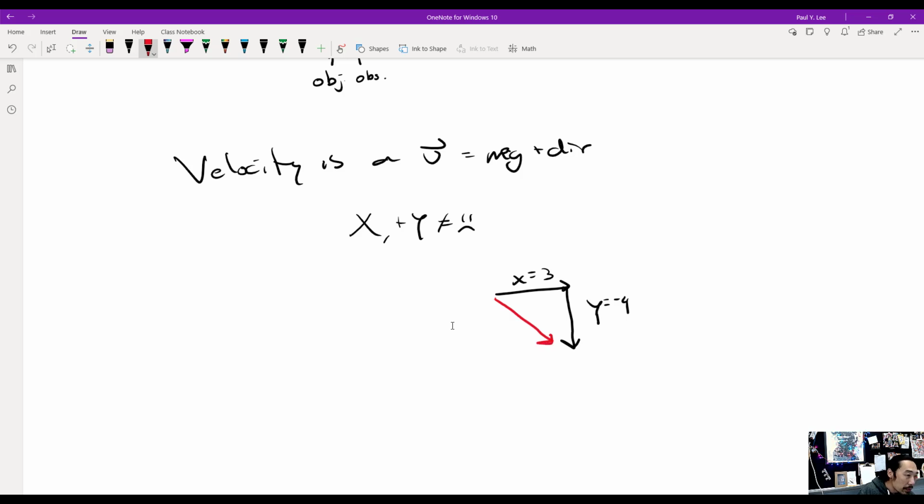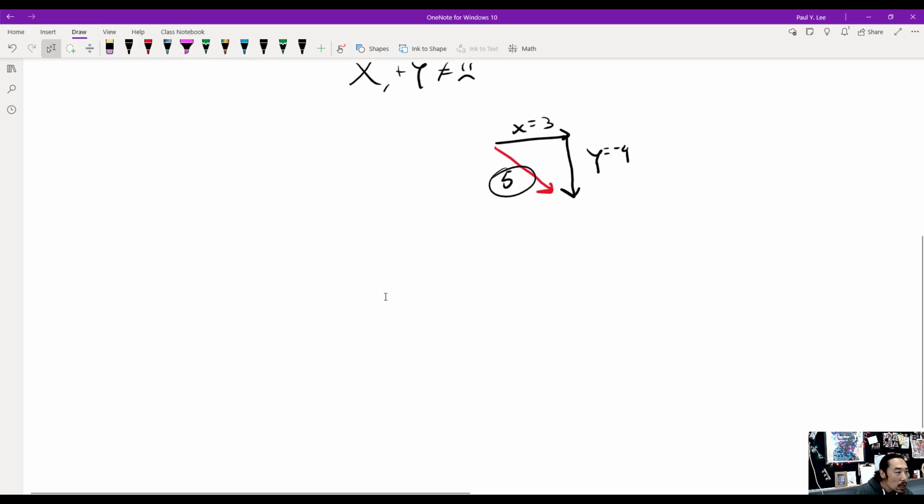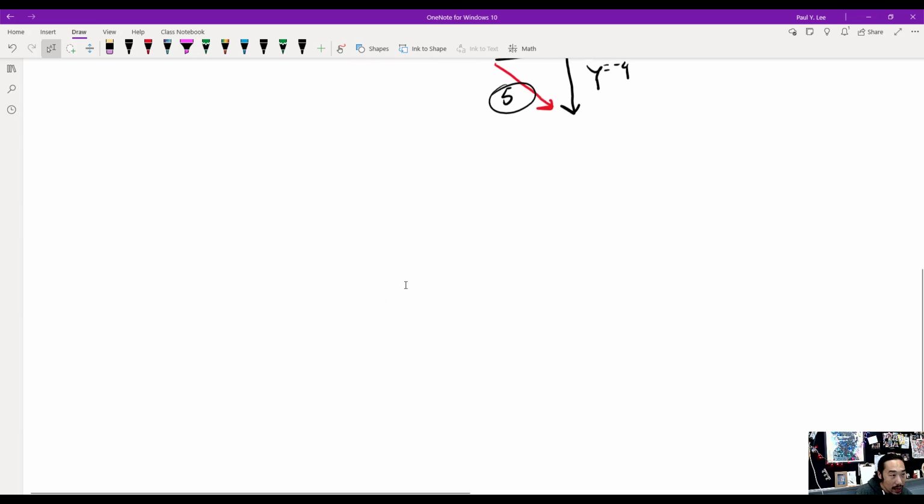Instead we have to use the Pythagorean theorem: 3 squared plus 4 squared, and then the square root of that gives you an answer of 5. The idea is still going to be the same for reference frames. So let's do an example to see exactly what that means.